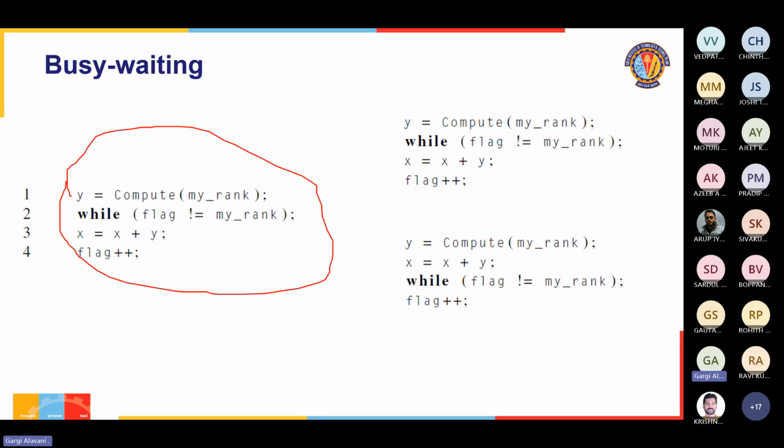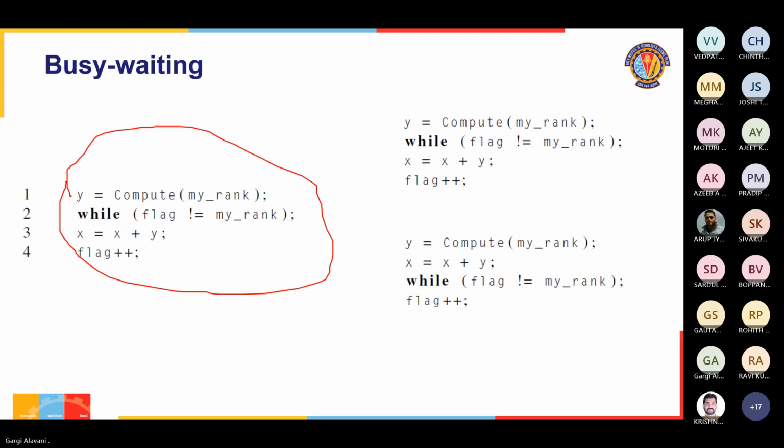Okay. So when it's done, it will execute a flag plus plus and thread 1 can finally enter the critical section and do the task. So the key here is thread 1 cannot enter the critical section until thread 0 has completed the execution of the task that it is supposed to compute.